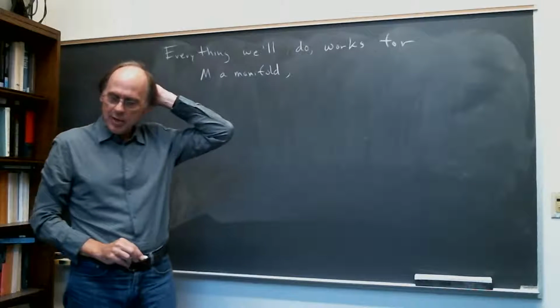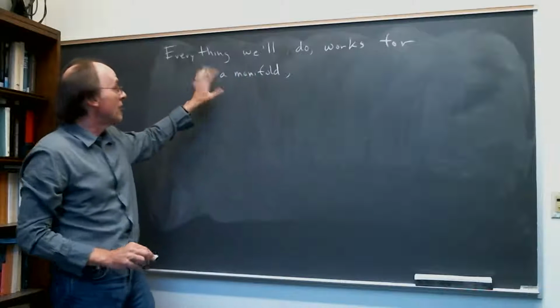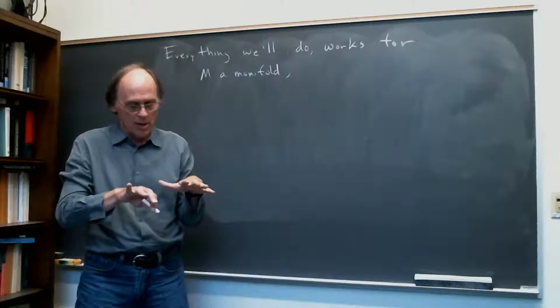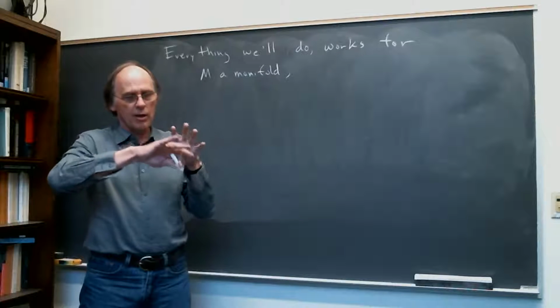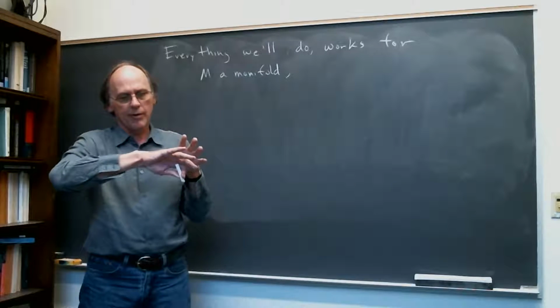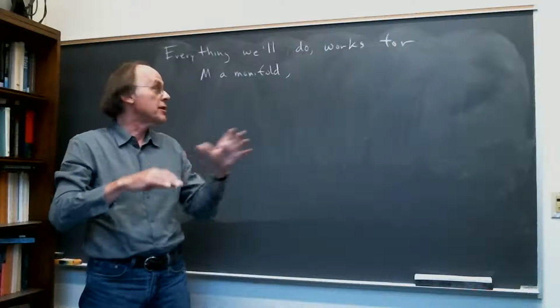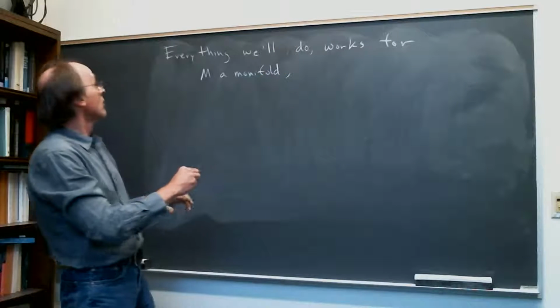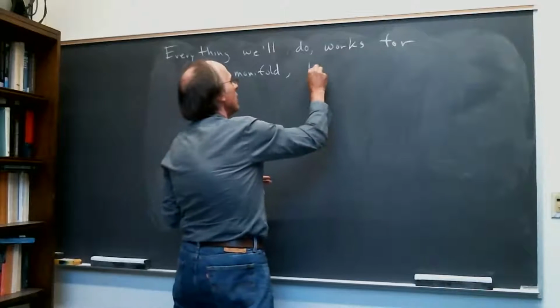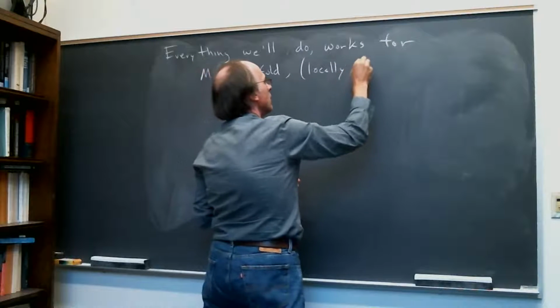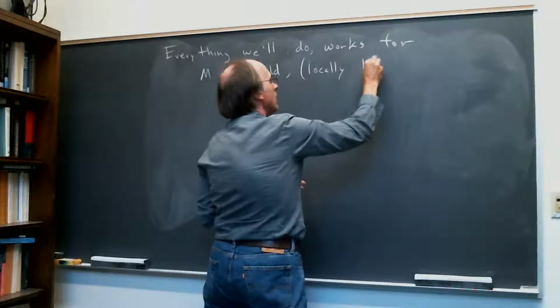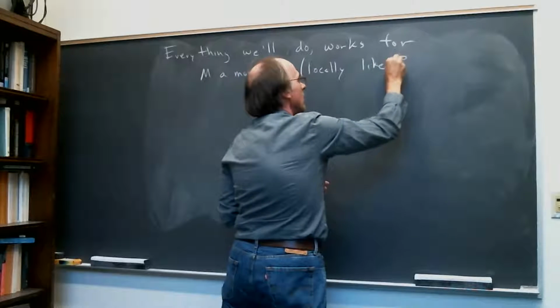If you haven't studied geometry, a manifold you should think of as something you've built by taking several copies of R^D, or in this case R^2D, and which are locally like R^2D.